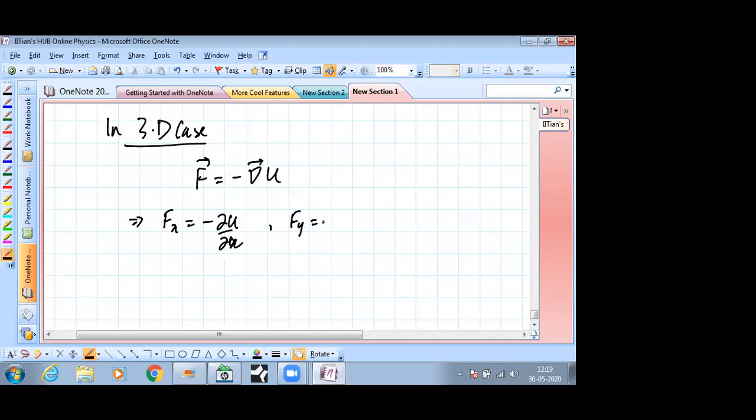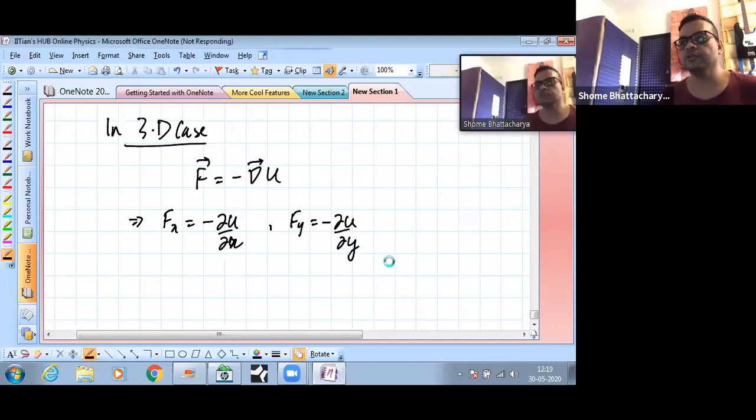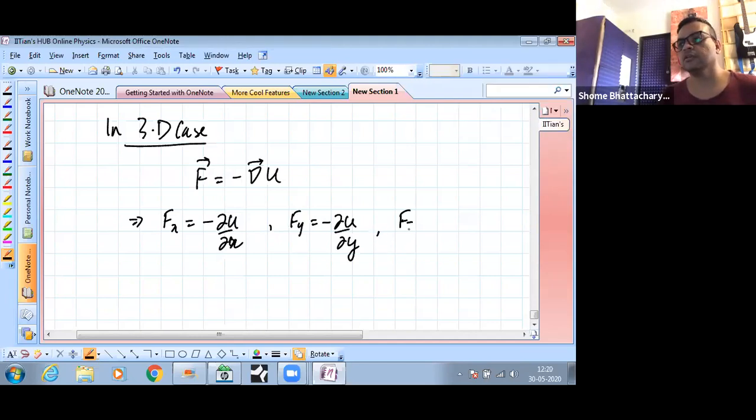Y component of force is minus del u by del y, right? And now simultaneously z component of force is also there, which is minus del u by del z.